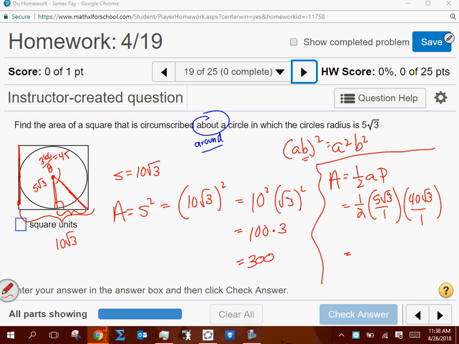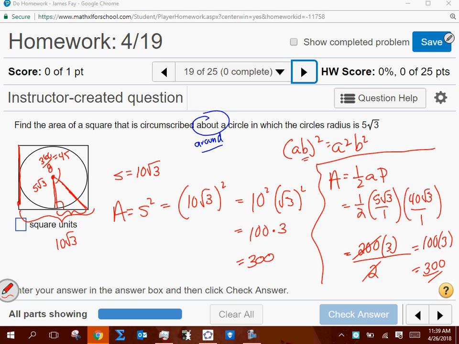Let's multiply that out. What's 5 times 40? 200. So I get 200. Radical 3 times radical 3 is 3. On the bottom, I get 2 times 1, which is 2. So I change to 100 times 3. That's still 300. So you can use that formula.